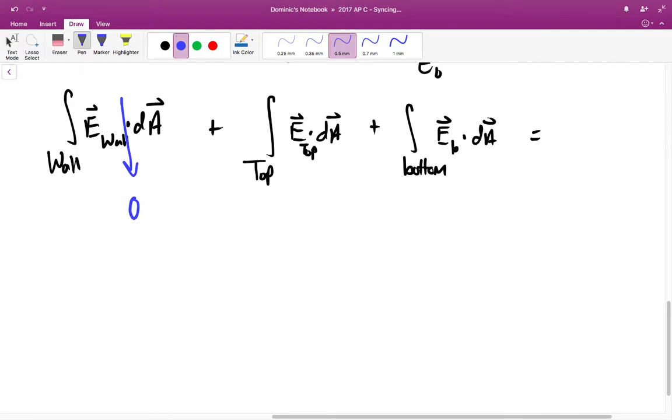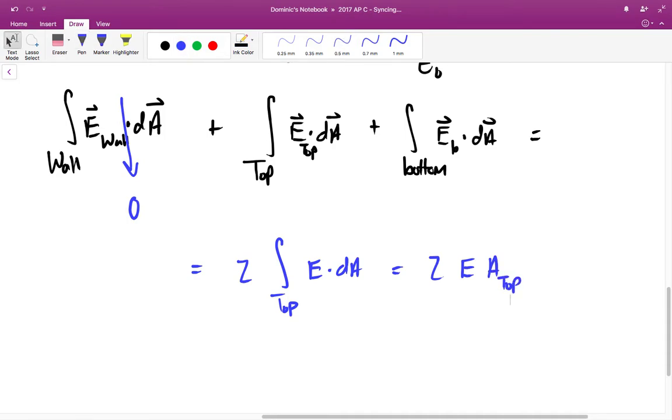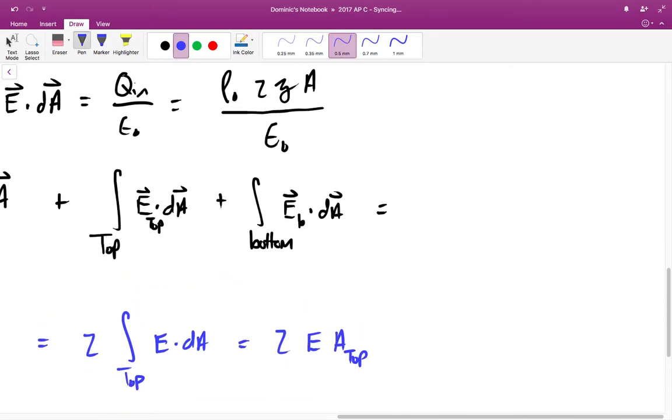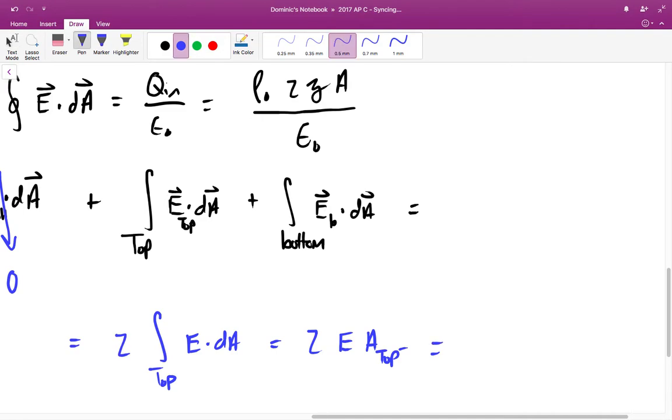And so what we're going to end up with is 2 times the integral of, let's just say the top, for example, E dot dA, which is just going to become 2 E times the area of the top of our cylinder. And then we are setting that equal to rho naught 2ZA divided by epsilon naught.